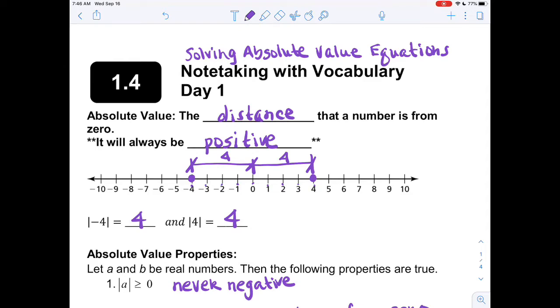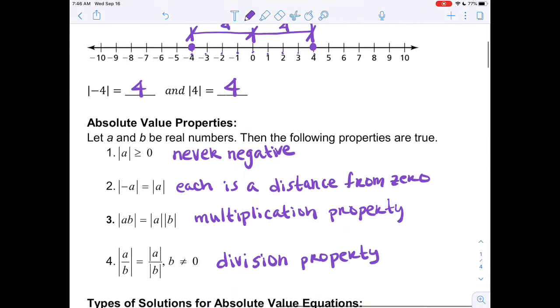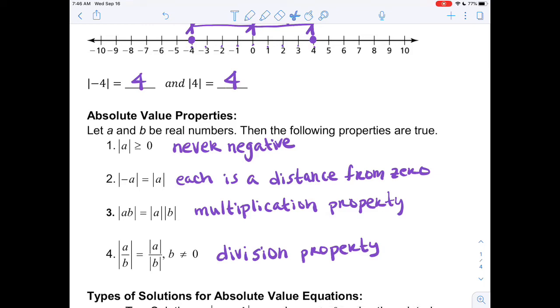So let's summarize this and talk about a couple of other properties that we will make use of with our absolute value equations. The first property is that our absolute values can never be less than 0. It's always greater than or equal to 0. We talked about that above. Because it's a distance, it is never negative.